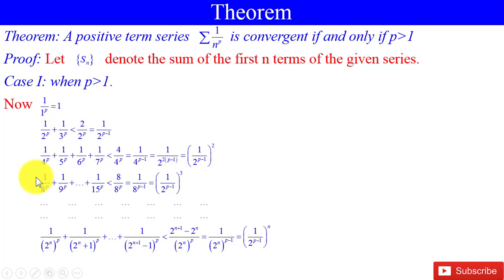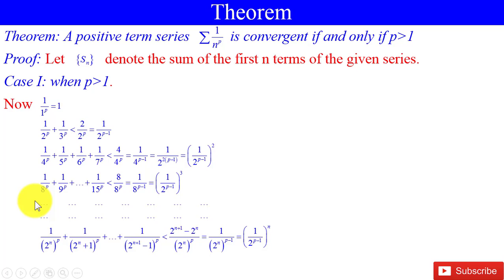In a similar way, we can show that 1 by 4 to the power p plus 1 by 5 to the power p plus 1 by 6 to the power p plus 1 by 7 raised to the power p is less than 4 by 4 raised to the power p, which is equal to 1 by 4 raised to the power p minus 1, which is equal to 1 by 2 raised to the power 2 into p minus 1, which is equal to (1 by 2 raised to the power p minus 1) whole square.